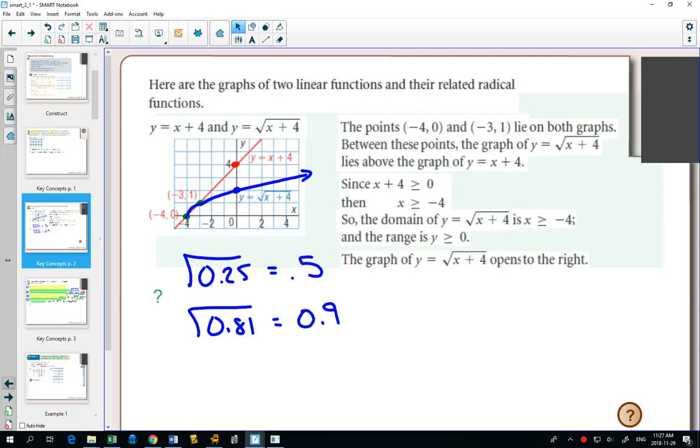That's characteristic number 2. When my y values are bigger than 1, my blue graph is below my red graph. That's true. And when my y values are negative, notice that the line keeps going here and the y values are negative. My square root graph doesn't exist for those points.